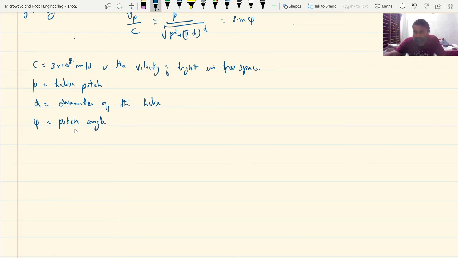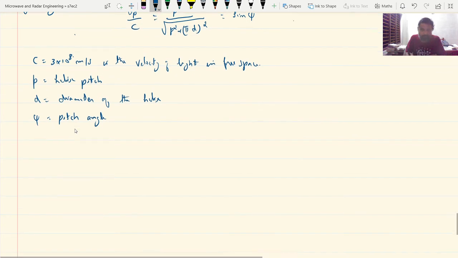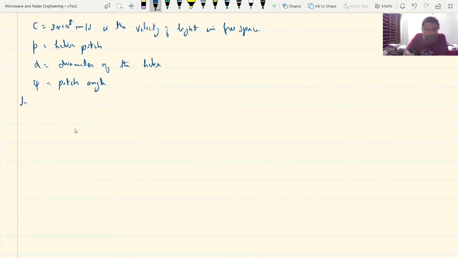In that condition, we can express the phase velocity in the axial direction, which I will call Vpe, given by p by root of mu epsilon p square plus pi d square.